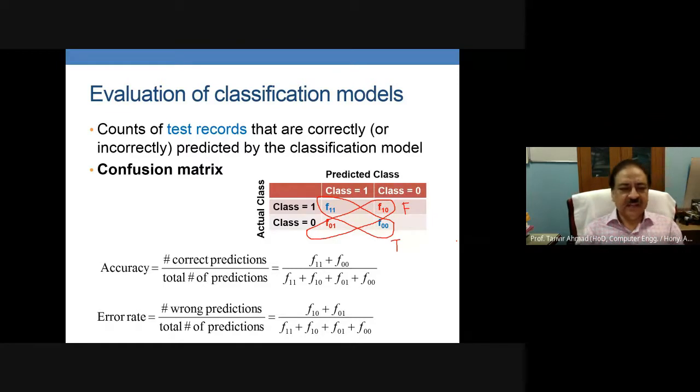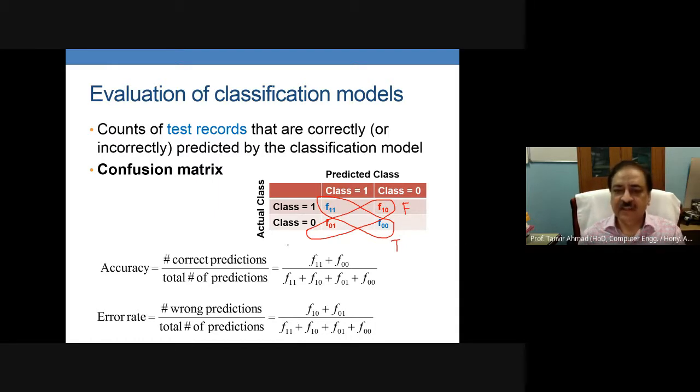Now, the accuracy is the total number of correct predictions divided by the total number of predictions, so it is F11 plus F00 divided by all, that means F00 plus F11 plus F01 plus F10. As the confusion matrix becomes 3 into 3, the numerator becomes F00 plus F11 plus F22, and so on up to Fnn.